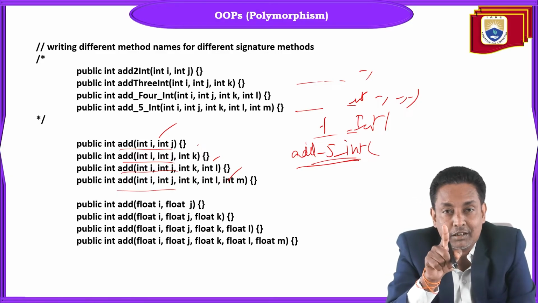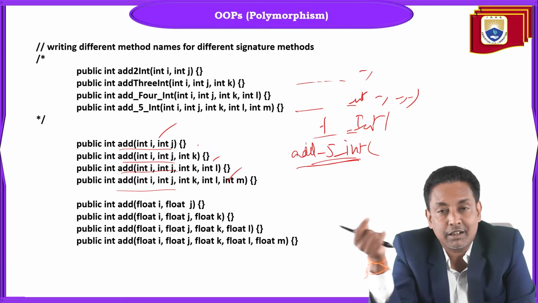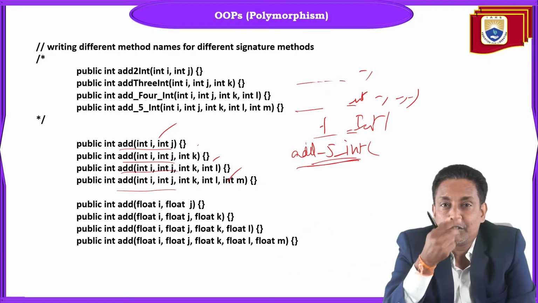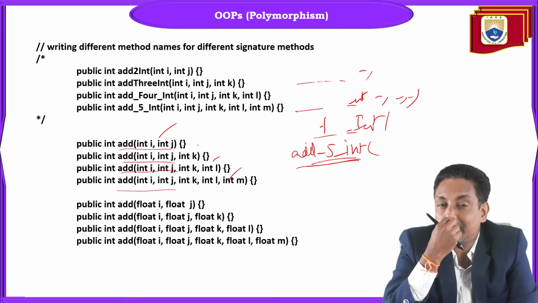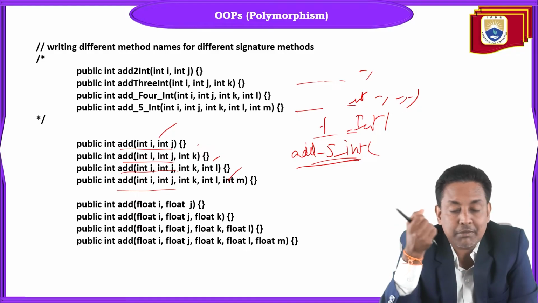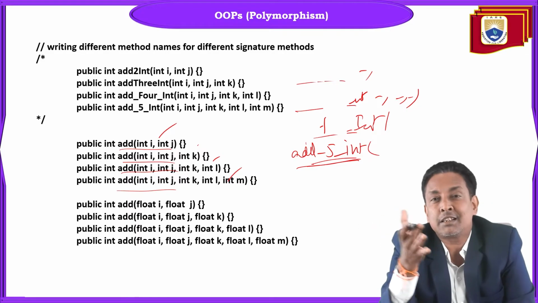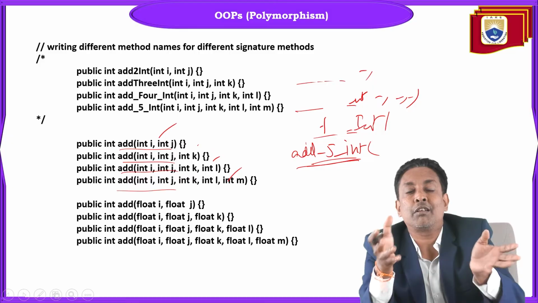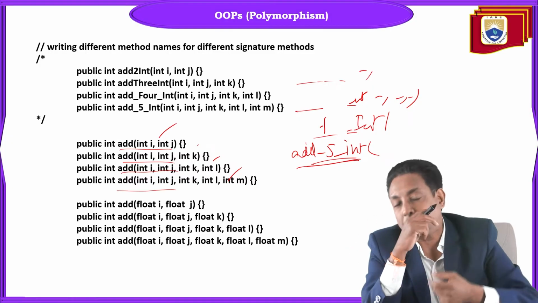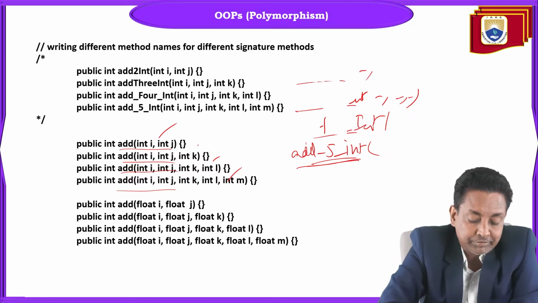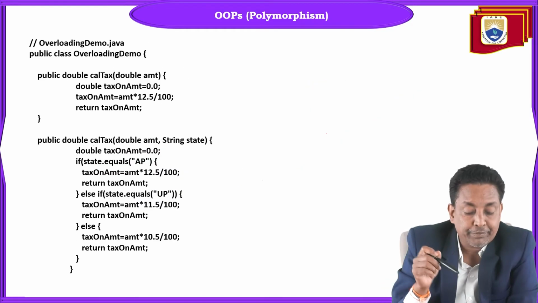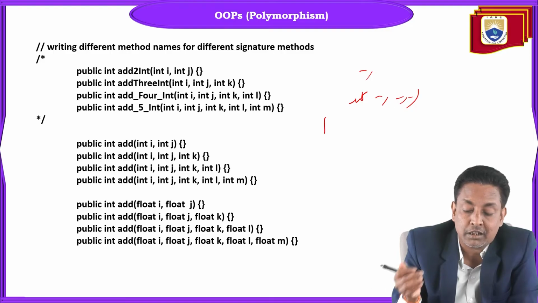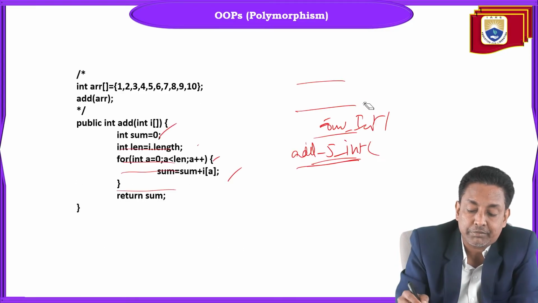The method name is only one, but it can take different arguments, same as the print example, which can take 2 int, 3 int, 4 int, up to n number of integers. So the method name remains the same, only the signature changes, and internally, based on the number of arguments, the addition operation will take place. So it is convenient to both the developer and the user to write the methods and to remember the method names.